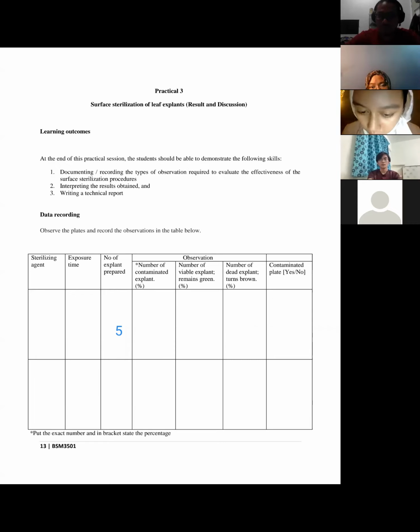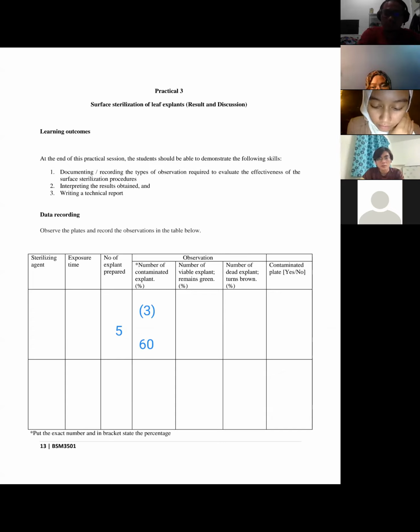Just now I said that 3/5 are contaminated. When the explant is contaminated, it will be dead and turn brown. So the percentage of contaminated explants and the percentage of dead explants is the same, which is 60%.